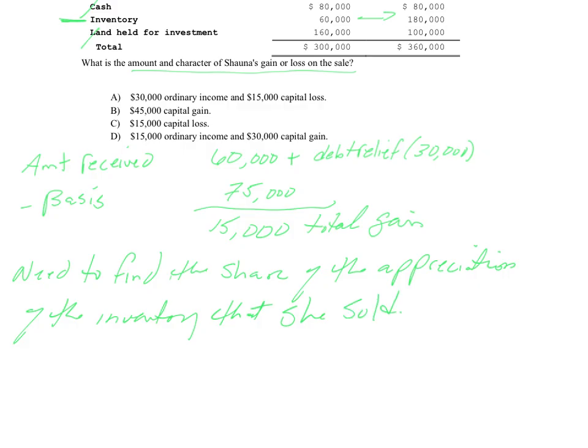Okay, so what did she sell? All right, she had a 50% interest. She's selling half of her 50% interest. So she sold 25% of the hot assets, okay?